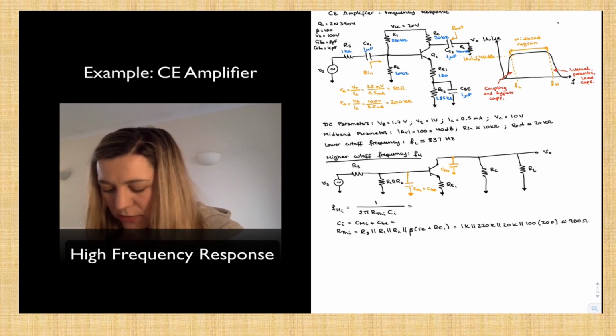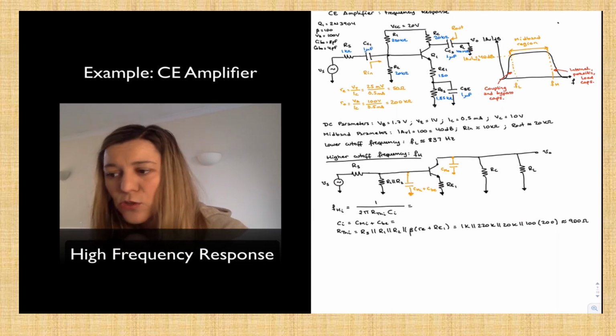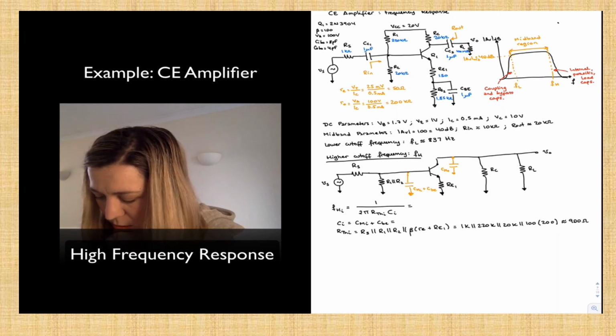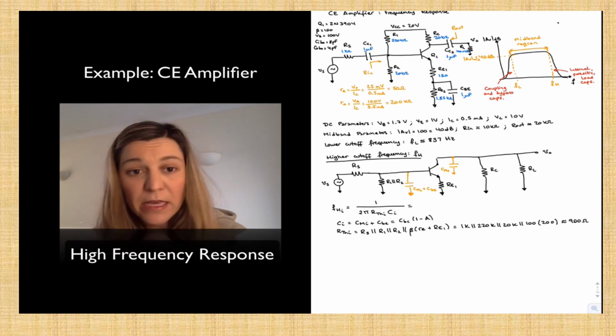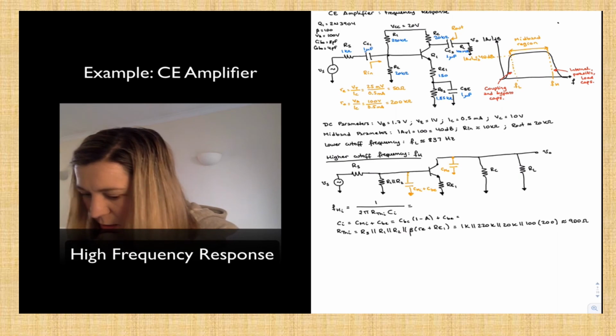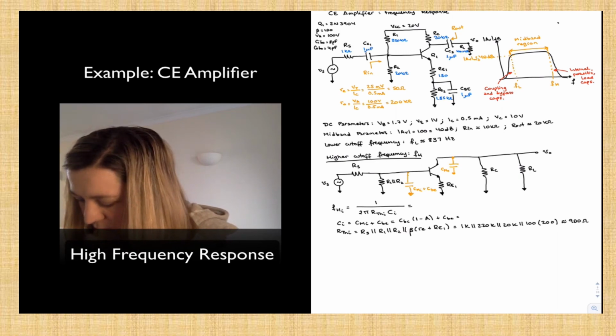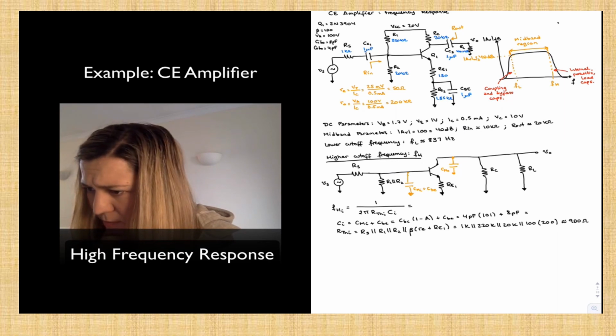I can also calculate my input capacitance separately. My Miller input capacitance is going to be equal to my CBC capacitance times 1 minus the gain, being negative 100, plus CBE. And so in this case, it's going to be my CBC, which was 4 picofarads, times 101, plus CBE, which is 8 picofarads.